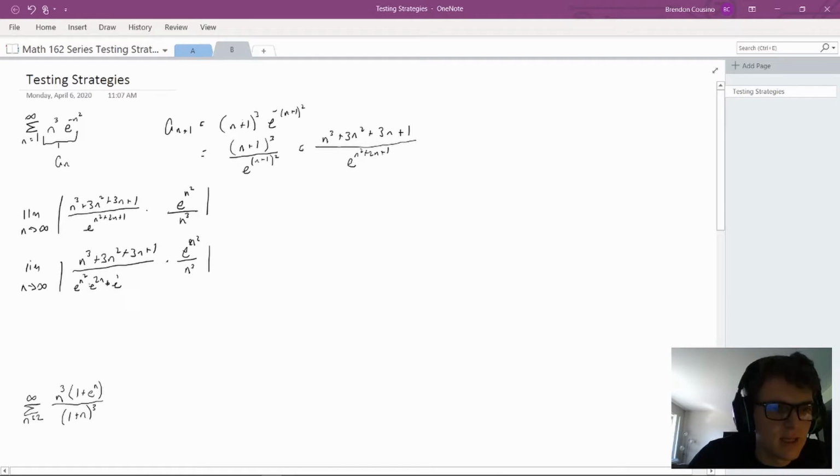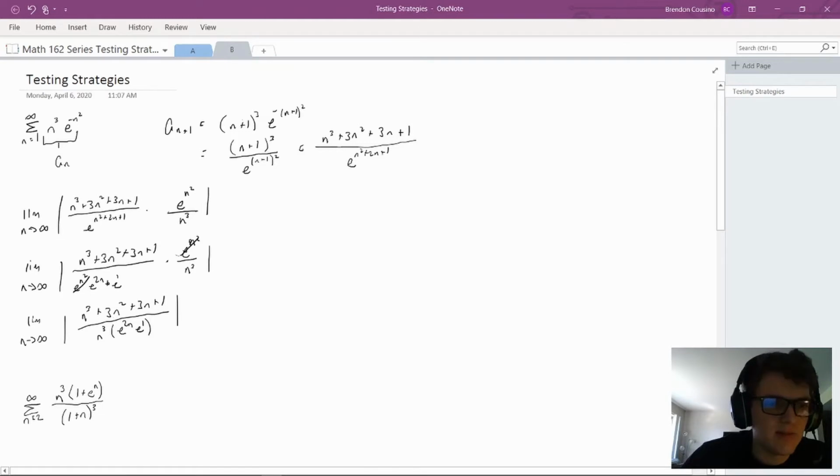Okay, so it looks like we're going to get our e to the n squareds to cancel, which is nice. And then we'll be left with the limit as n approaches infinity of the absolute value of n cubed plus 3n squared plus 3n plus 1 divided by n cubed multiplied by e to the 2n times e to the first.